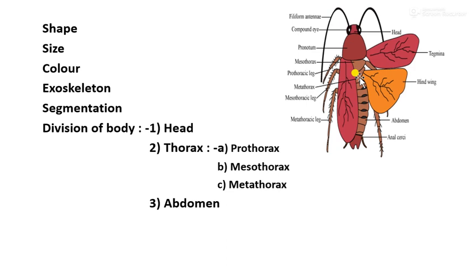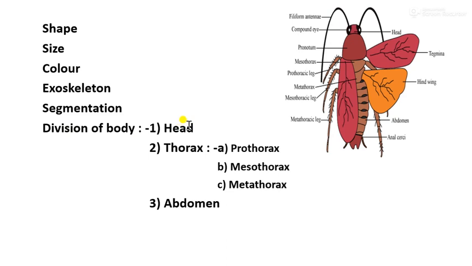Head is formed by the fusion of 6 embryonic segments, and thorax consists of 3 segments, and the abdomen has 10 segments in adult, which were 11 in embryo. And the body of the cockroach is divided into 3 regions, that is head, thorax, and third one is the abdomen.